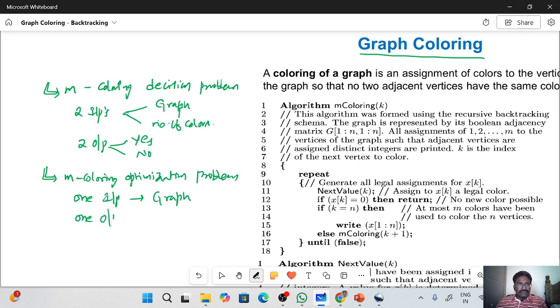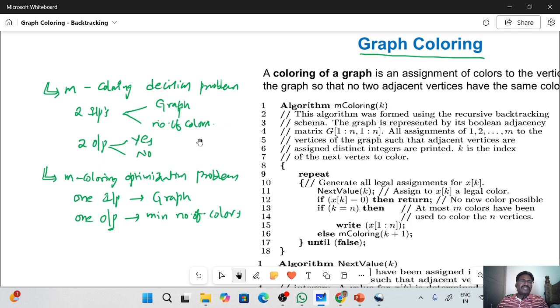The output is also only one. We are going to say the minimum number of colors needed for coloring it. So in general the graph coloring problem is either the decision problem or the optimization problem.